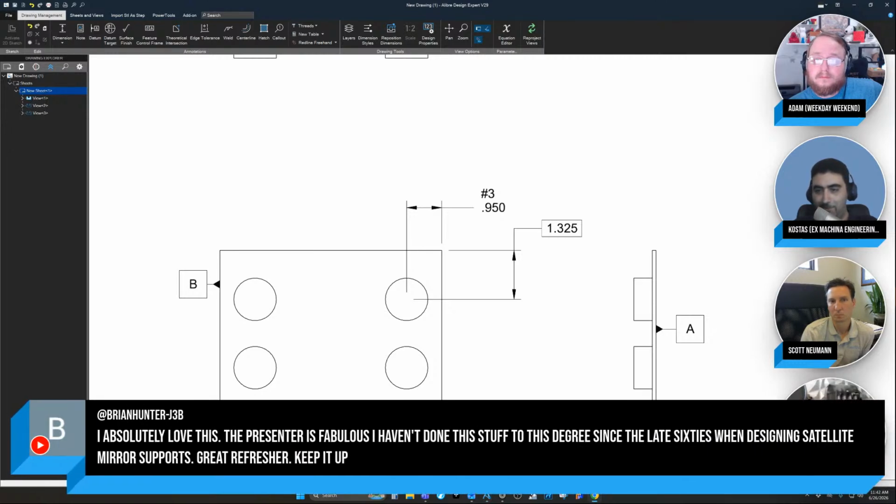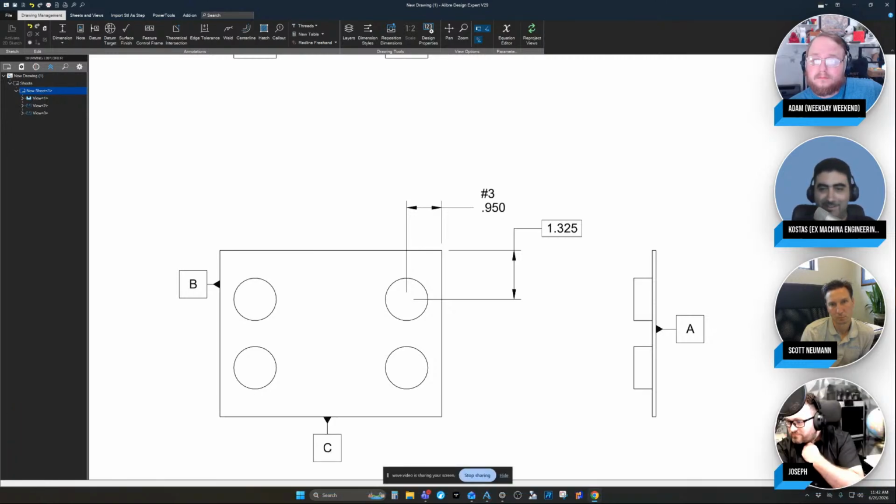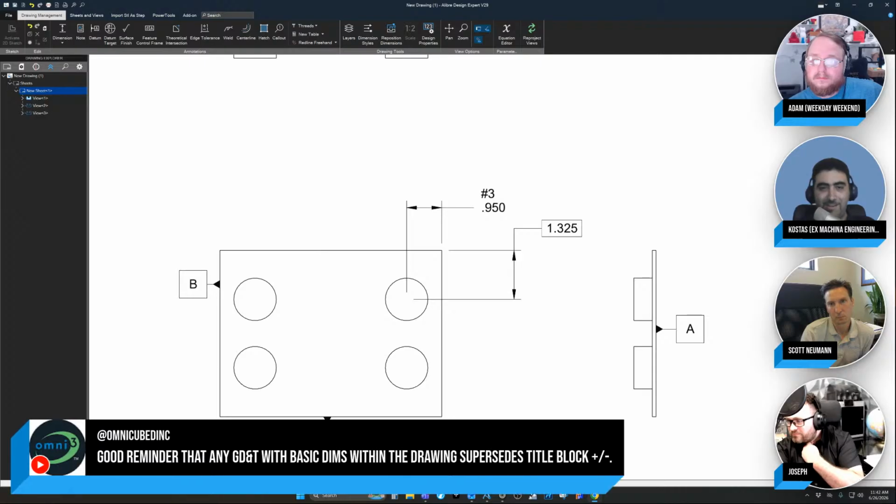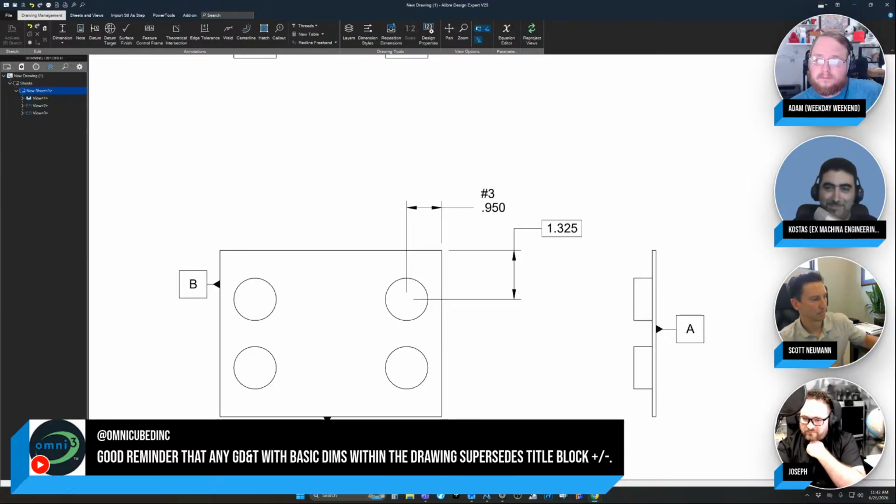OmniCube just made a very important comment here. Let me start by saying most CAD systems in their drawing template have a disclaimer, let's call it that: unless otherwise specified, all dimensions are plus or minus this or that.